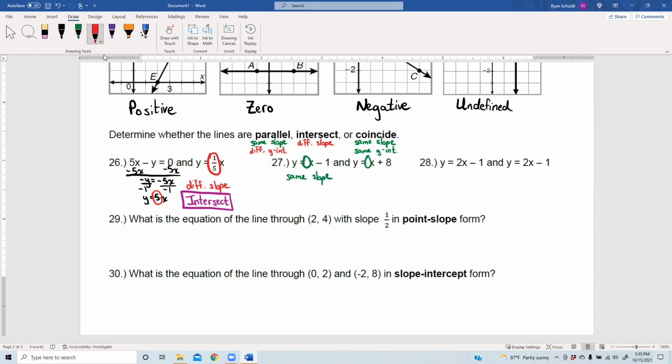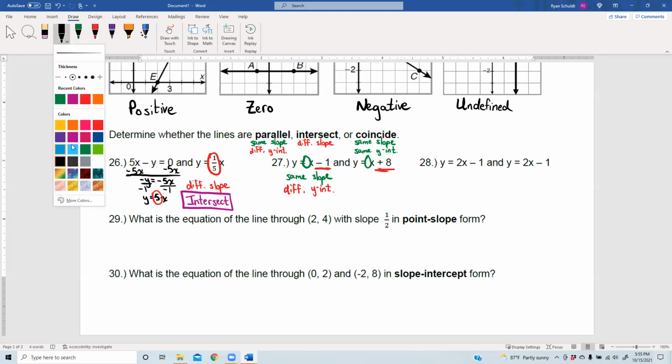But then let's look at the y-intercepts. That's -1. That's +8. So these have different y-intercepts. Which ones have the same slope but different y-intercept? That's parallel.